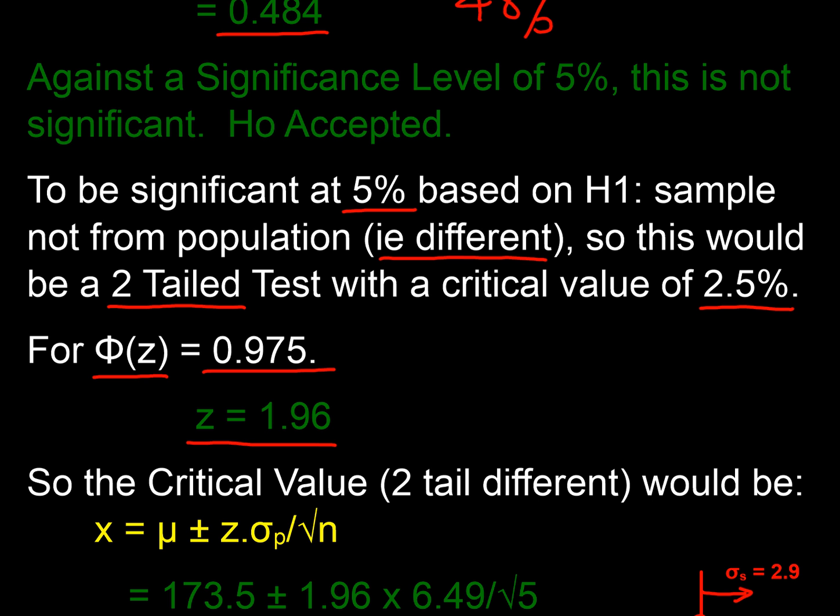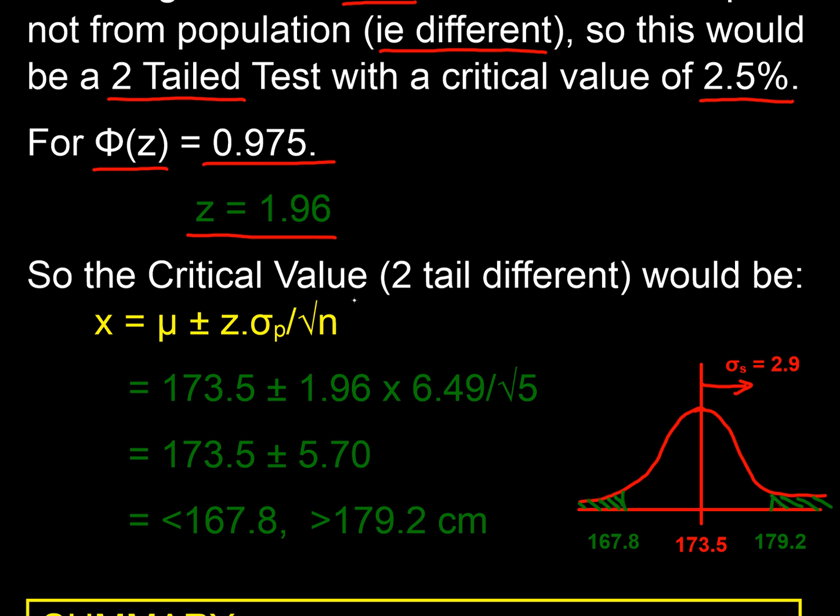So looking at our critical values, we can find them as our mean plus or minus the Z, the 1.96, times our standard deviation. The population mean here was 173.5. There's our 1.96. Here's the standard deviation of our sample, which is 2.9, isn't it? So 1.96 times 2.9 gives us 5.7.